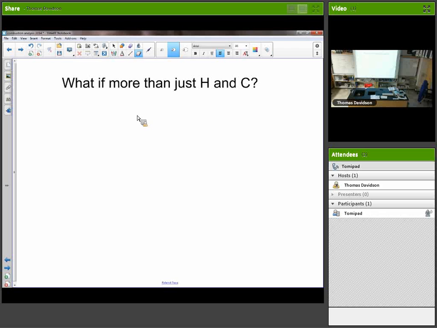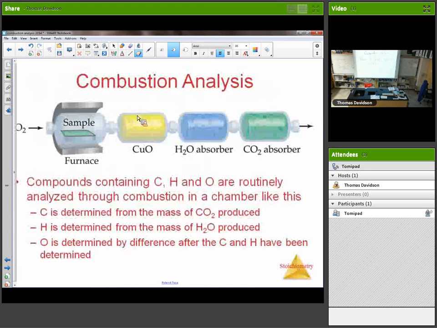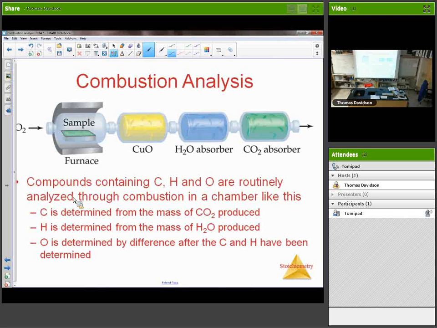All right, so if you remember way back, it said O is determined by the difference after C and H have been determined. So if you have C, H, and O, and you know H and you know C, then you subtract their mass from the original mass given, and whatever else is left over had to be the oxygen.